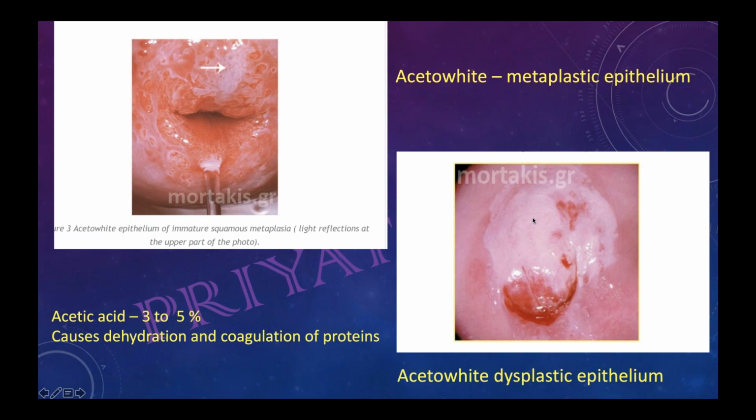It is an easy thing, not difficult. Even from the picture you can make it out. If this type of epithelium is there in my colposcopy, I will not take any biopsy. But from this area, of course I will take a biopsy. This is just a practical thing.